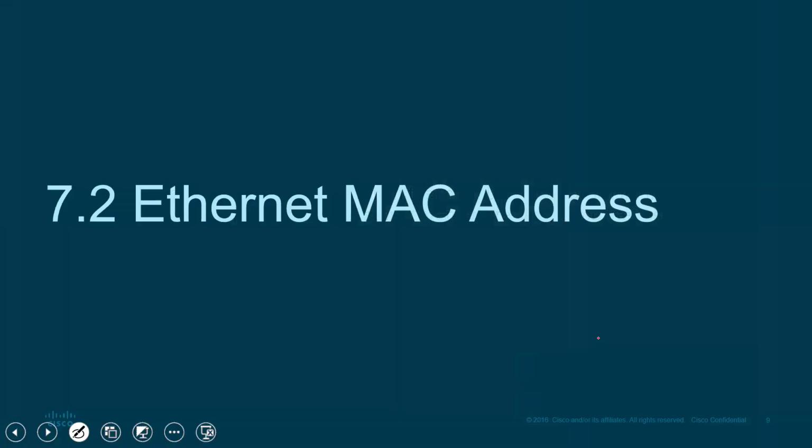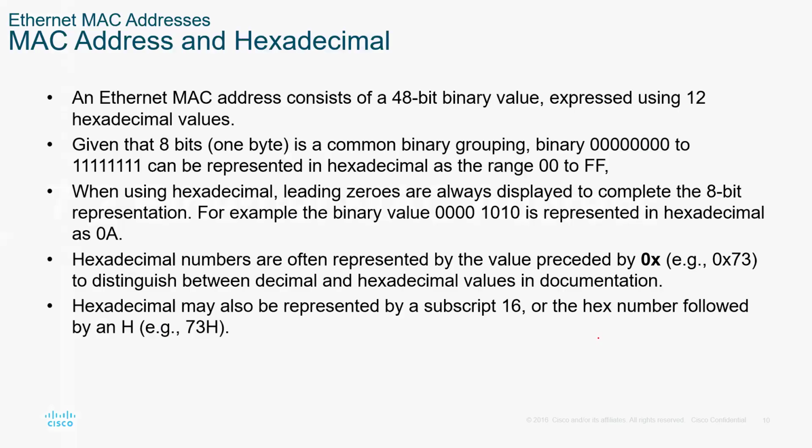So let's look at the Ethernet MAC address. Now, we said in the previous class that when it comes to layer 2, the addressing format uses MAC addresses. In layer 3, the addressing format uses IP addressing. In layer 4, the addressing format uses port addressing.